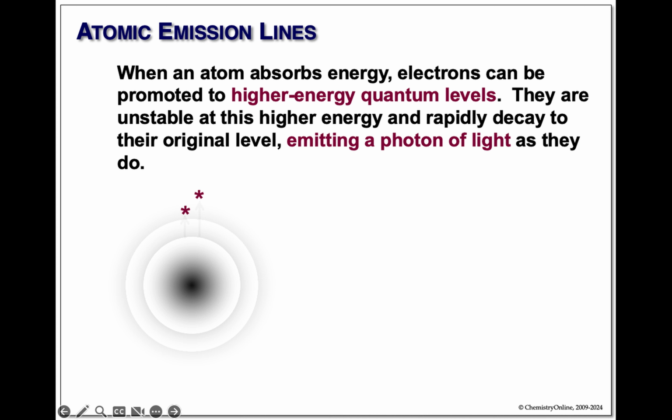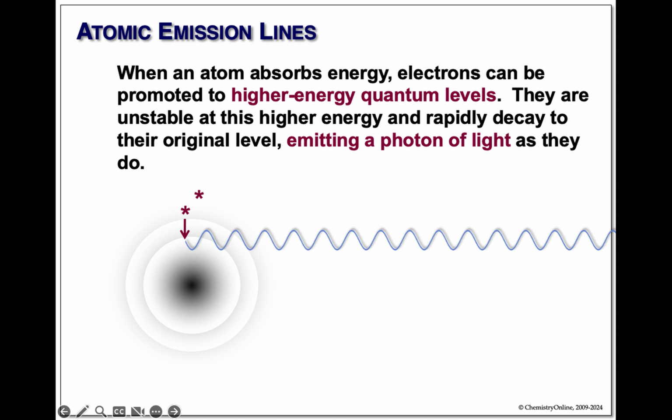Now, remember, quantum levels are like steps, so they're uniform in energy. Once these little guys get up here in outer space, they look around and say, why am I here? And they want to go home. But they have to shed this energy that they absorbed. They do that by emitting a photon.